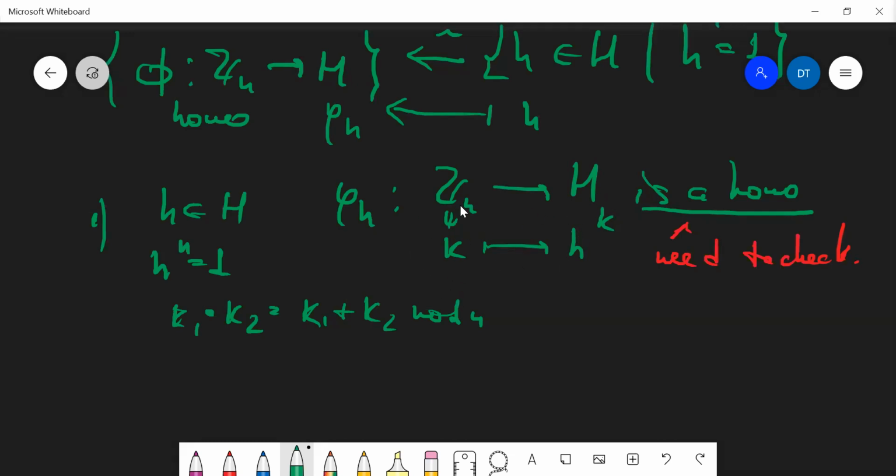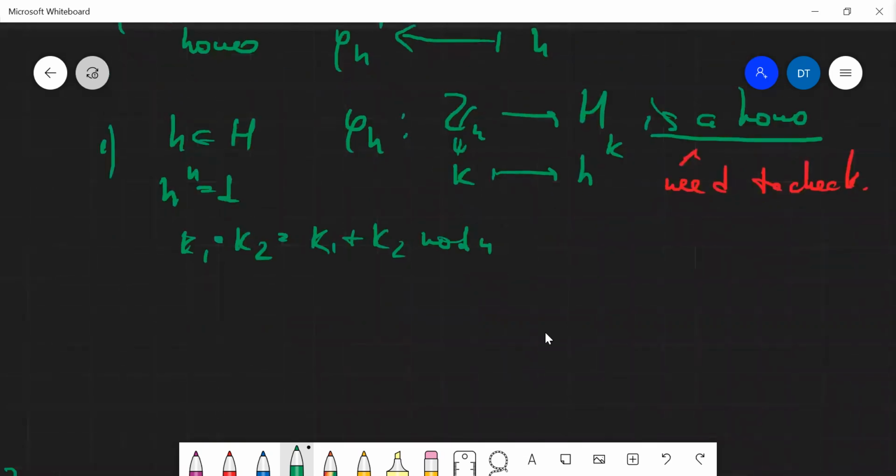What is the map? The map is a rule which takes an element from here and maps it to an element from here. When I write this picture, I name the sets for the map above, and I write the formula for the elements below. So k is from here, and where it goes is an element from here. Now I want to show that phi_h of k1 operation k2 equals phi_h of k1 times phi_h of k2. Why k1 operation k2 equals k1 plus k2 modulo n? It's the definition of the operation on the remainders. How do you add remainders?